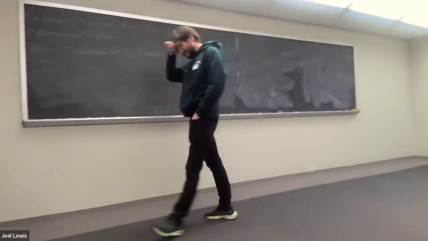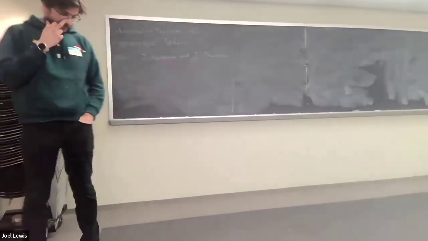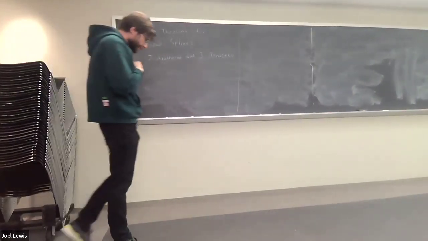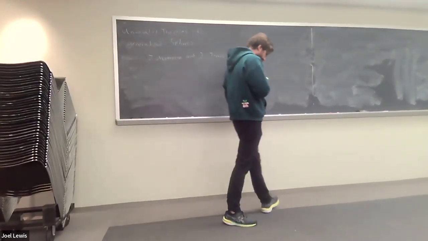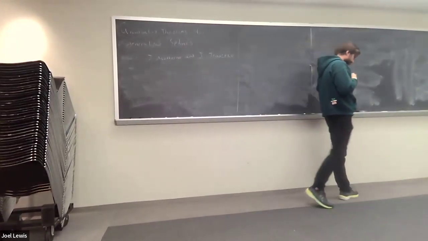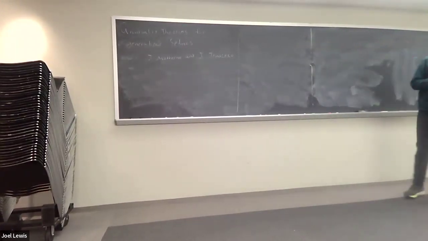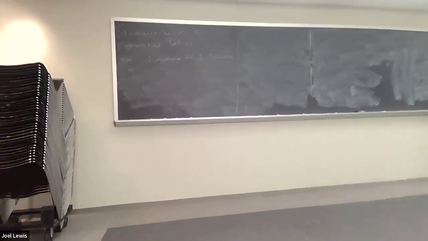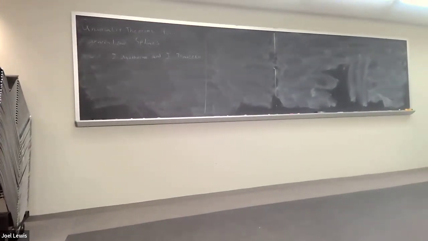Okay. Anyways, so today we're going to talk about generalized splines. Now, the word spline appeared in the previous talk, and so there's a nice little synergy there, which is entirely accidental. So what is a spline?